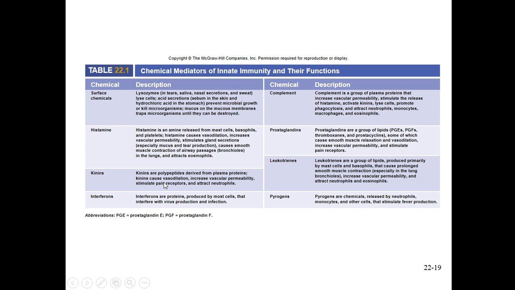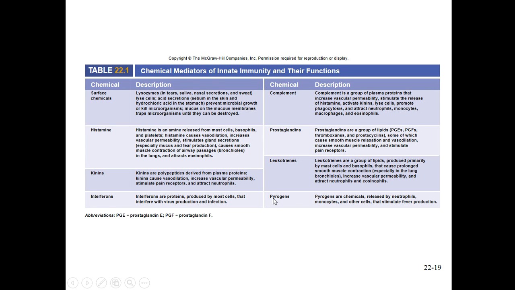Kinins help to cause a little bit of movement, vasodilation, stimulate pain receptors. So bee stings involve a lot of these. Leukotrienes and interferons are what allow white blood cells to try to inhibit viral infection in this case and attract new blood cells over here.